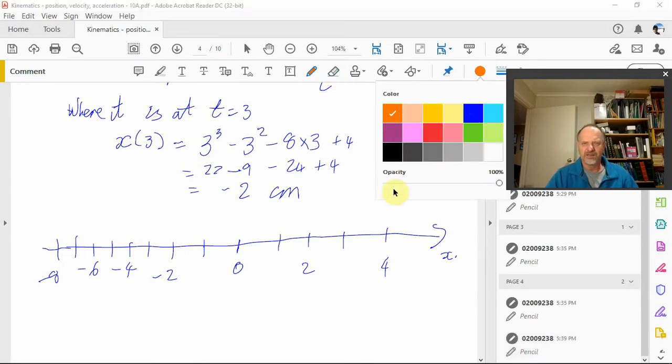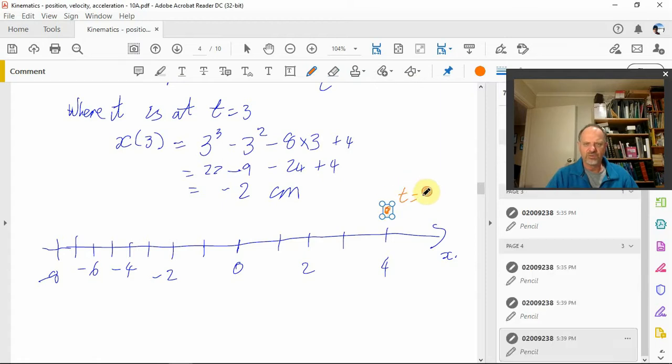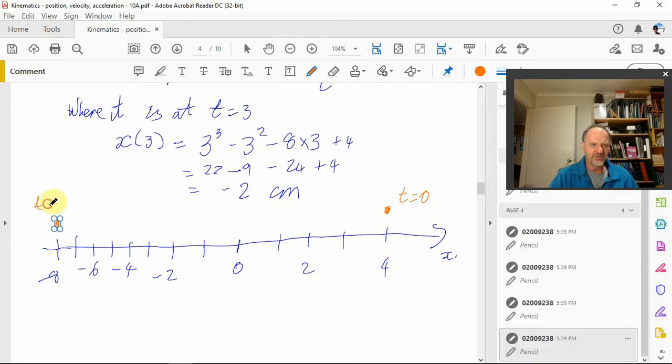So at time equals 0, it was here at 4. Then at 2 seconds, it was at -8, right? So we figured that. It was at -8 down here at time equals 2. And then we've just worked out that at time equals 3, it's here. Oops, no, put that at the wrong spot. Let's get rid of that. Put it at the right spot. Let's put it at -2.